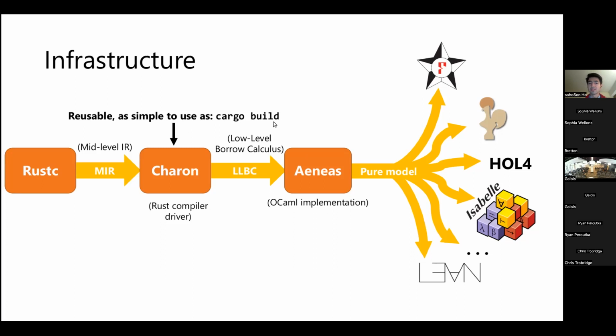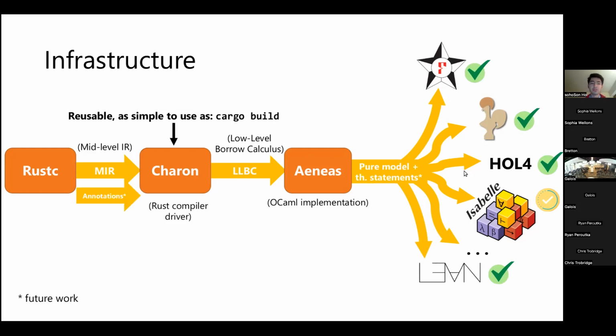Now, once we've got this LLBC AST, we give it to Aeneas, which is just a compiler, which compiles the code to a pure model, which is then extracted. As of today, we have the following backends: F-star, Coq, and Lean, and there is an Isabelle backend in the making. Now, in the future, we want to give you the possibility of annotating the code, typically with pre and post conditions.